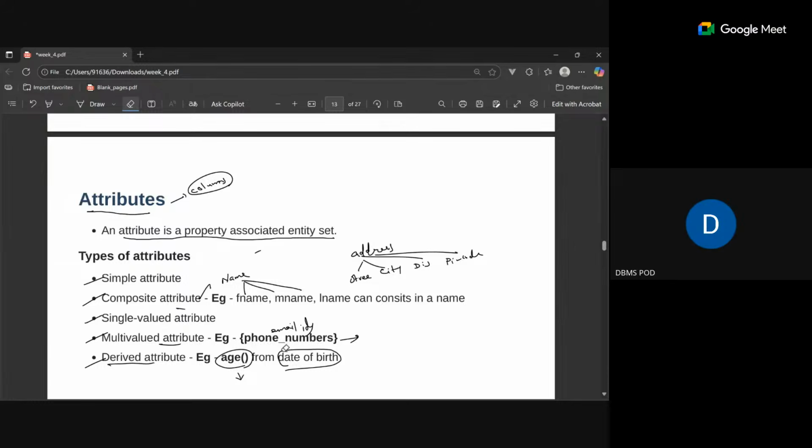There is not much differentiation between a simple attribute and a single valued attribute. Okay. So, any doubt here before moving on? No, sir. When more examples come, things will be clearer.